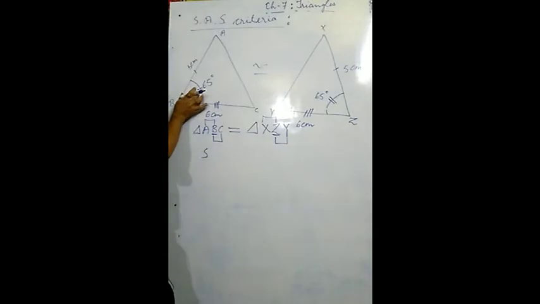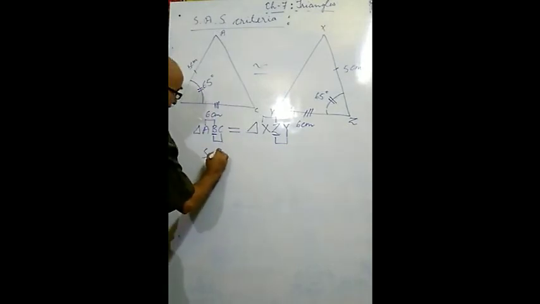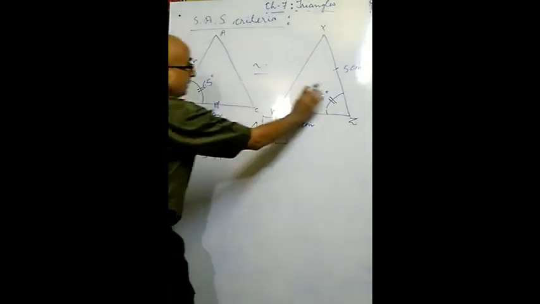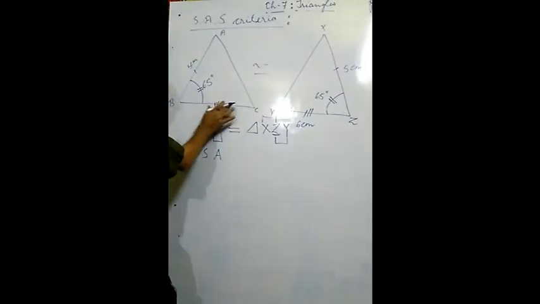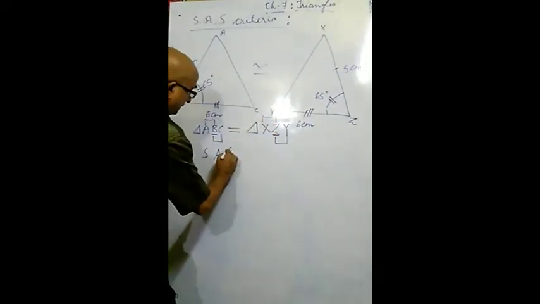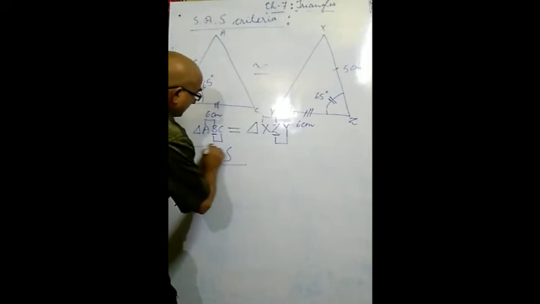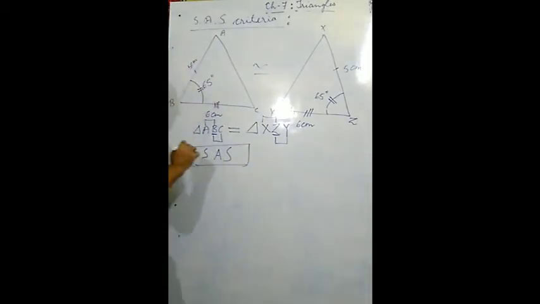Then secondly, we are matching angle to angle, and thirdly it is side to side. So which criteria is applied here? It is known as the side angle side criteria. This much is implemented while proving congruency of two triangles.